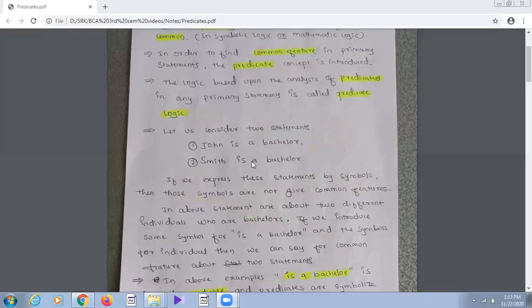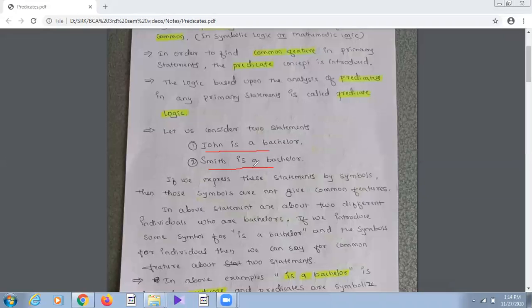See here the example. Let us consider two statements: John is a bachelor, which is one primary statement, and Smith is a bachelor. In mathematical logic, if you denote John is a bachelor as P and Smith is a bachelor as Q, there is no method to identify the common features.